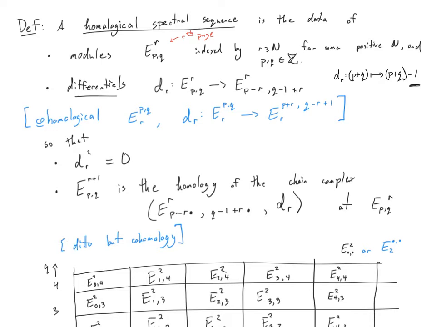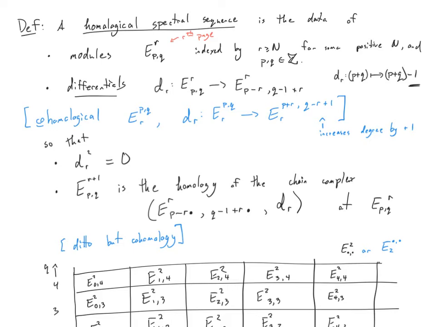That's why it's homological, because it decreases degree by 1. Cohomological ones instead increase degree by 1. So this p plus q is called the total degree. We define that later.